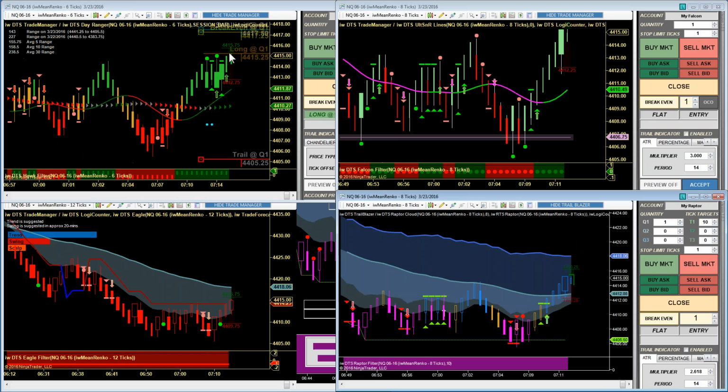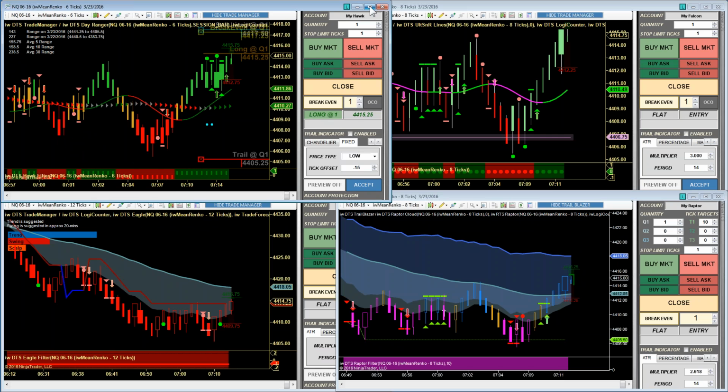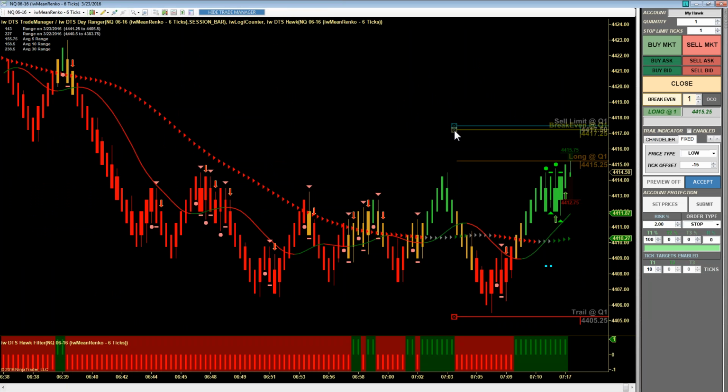Now, I've just heard our order get filled. And again, normally I would leave our scalp target in play, but I'm going to turn it off to show you how this trailing stop feature works. You're going to notice that when the volume is heavy, you get these thick bars. That tells you there's a whole lot of trading going on there.